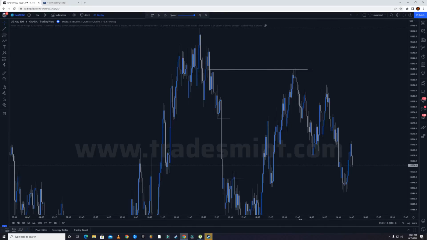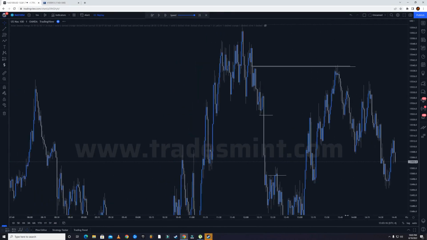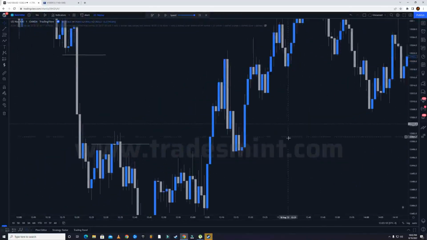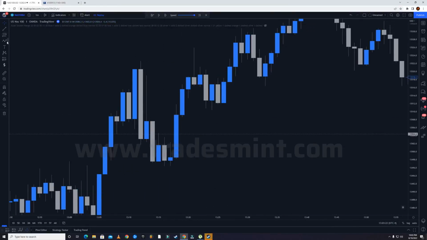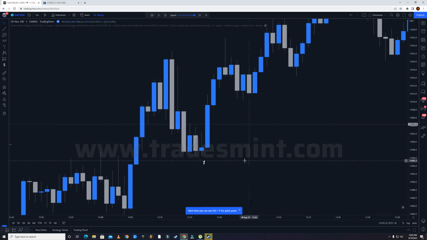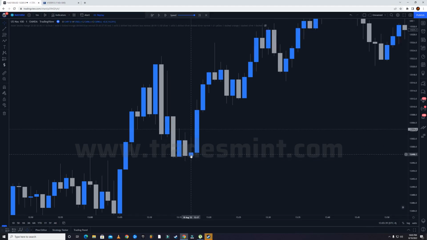Let me give you an example for a buy position. So we are looking at this. Let me label it so it's easier for you. We got the first candle around here. So this is our first candle, this is second, and this is third.